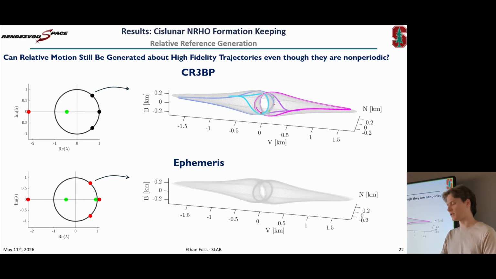And in that sense, we can still generate these reference orbits, with the caveat being that they don't exist indefinitely. And so basically what we have to do is implement some strategy where we stack together a sequence of relative motion trajectories.